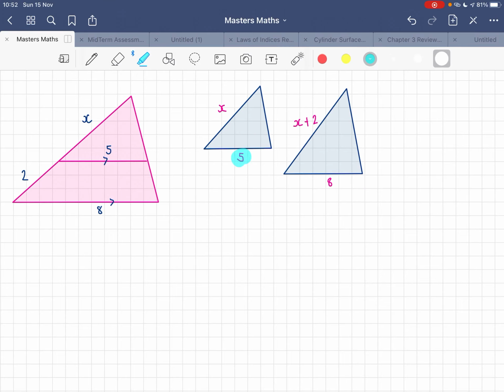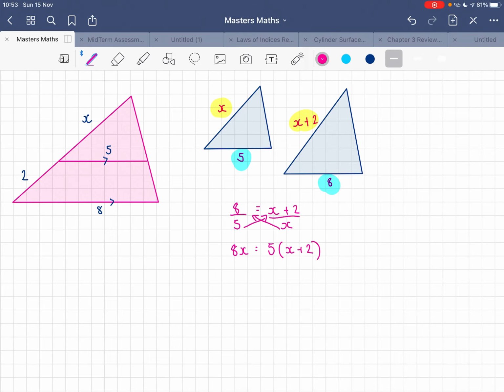So match up your corresponding sides again. So 5 and 8 are your corresponding sides on the bottom, and then x and x plus 2 are your corresponding sides on the side. And then again, we're going to put 8 over 5, and we're going to put it equal to x plus 2 over x. I'm going to cross multiply again, multiply the 5 over there and the 8 over here, so I get 8x is equal to 5 lots of x plus 2.